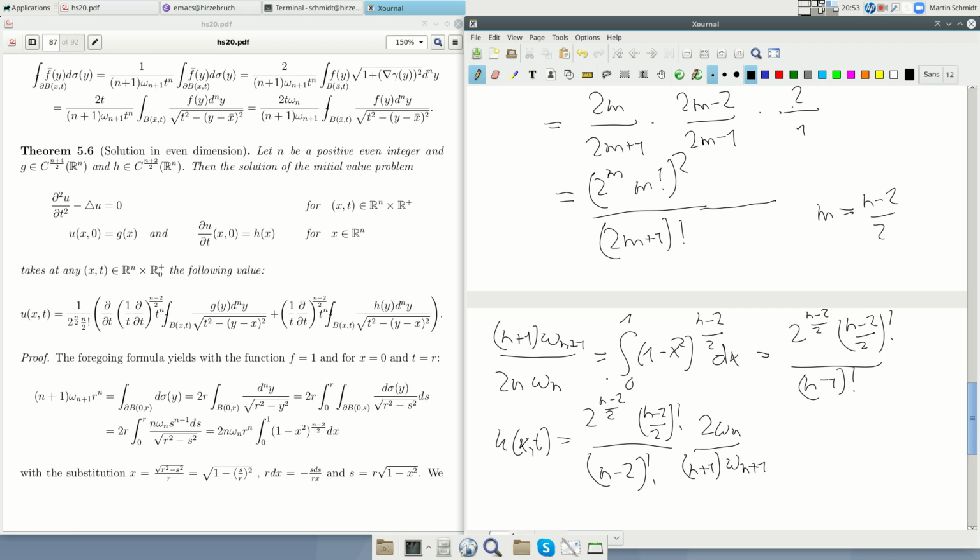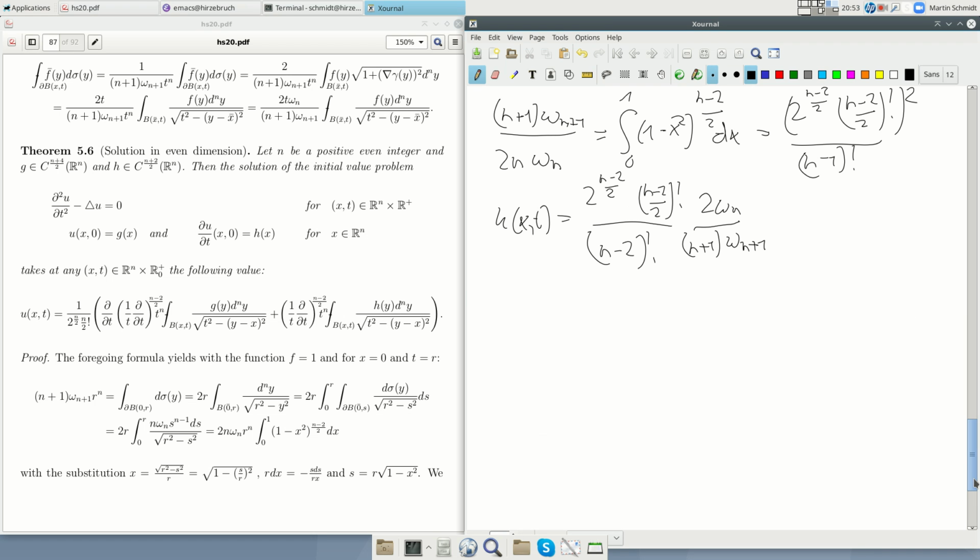Okay, now what does this give? Since we have this number here, this should be squared. So we insert this: we have 2 to the power n minus 2 over 2, n minus 2 over 2 faculty divided by n minus 2 faculty.